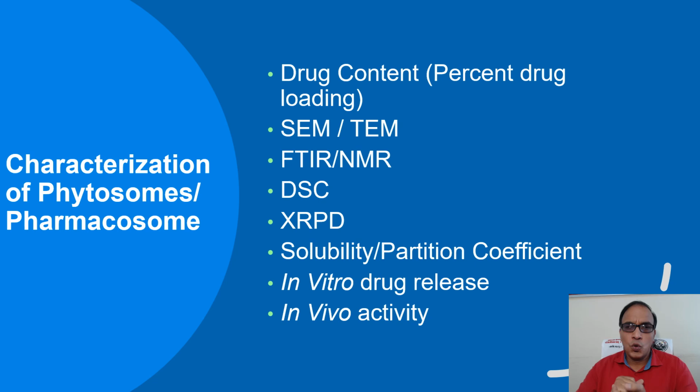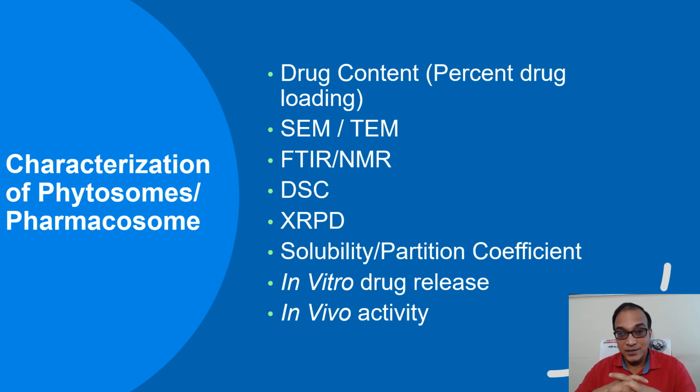Now, these are the drug characterization methods of phytosomes and pharmacosomes: drug content, percent drug loading, then SEM, TEM, and among the spectroscopy, FTIR and NMR. Any kind of NMR can be used depending on the drug.